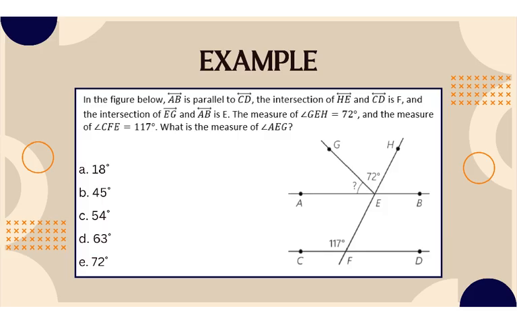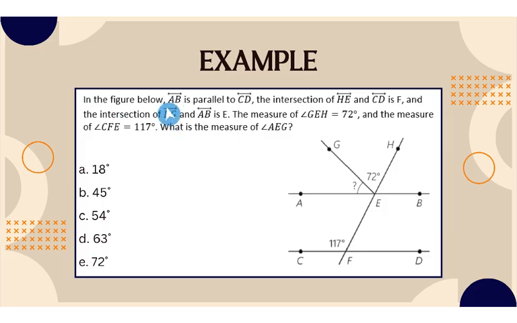The intersection of line HE and line CD is F. It shows you in the picture what's happening, but this is just giving you more of a description in case you're unsure whether they actually intersect here. So just FYI. Let's keep going.